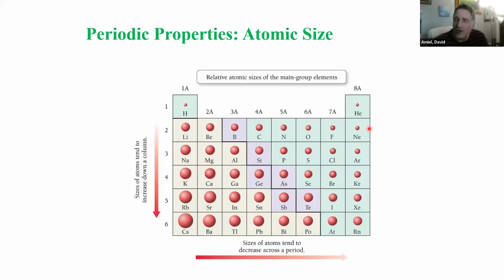I'm not so concerned that you know the reasons why. It's called nuclear shielding if you want to do some research on your own. Don't have to know that for this class. Do want you to know the general trends. Size of atoms decreases across a period and increases down a group. Basically, in response to n.